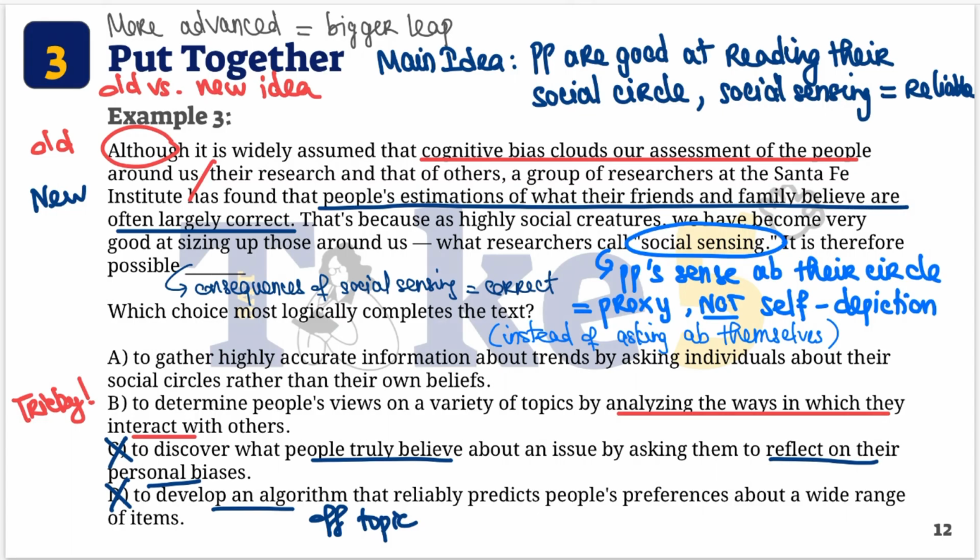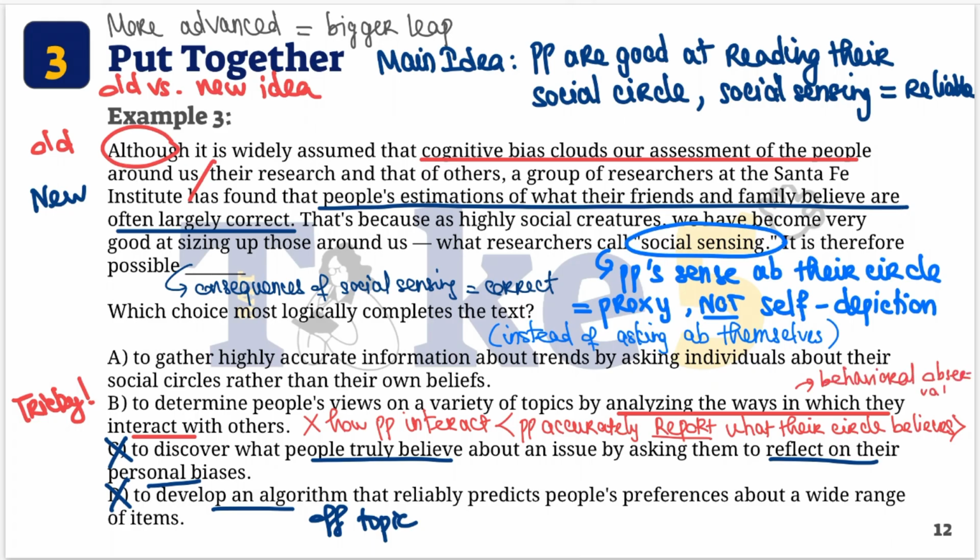The passage never says anything about observing how people interact. It says people can accurately report what their circles believe. B introduces a completely different mechanism like a behavioral observation. That's a new idea that the passage doesn't support.